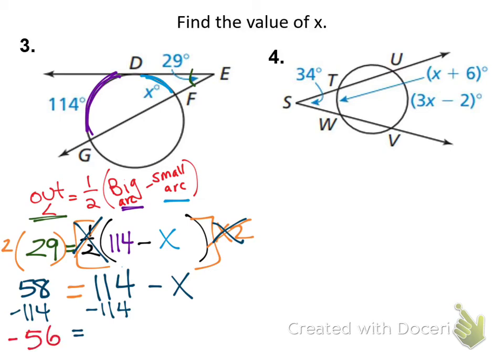Negative 56. What do I drop down on the right side? The negative x. A lot of times, students make the mistake of forgetting that negative. But if negative 56 equals negative x, then x equals positive 56. You can either divide by negative 1 or multiply both sides by negative 1, either way.